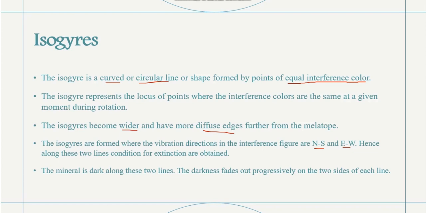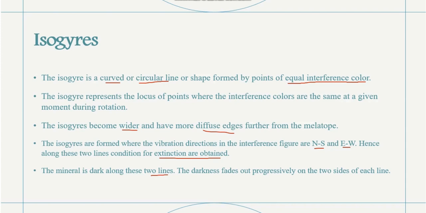So the isogyres are formed where the vibration directions in the interference figure are north-south and east-west. If they are north-south and east-west, some of these vibrations will be parallel to the lines of longitude, and the others will be vibrating parallel to the lines of latitude.